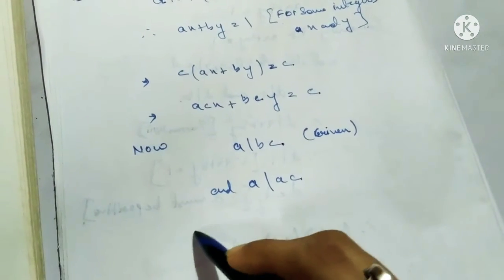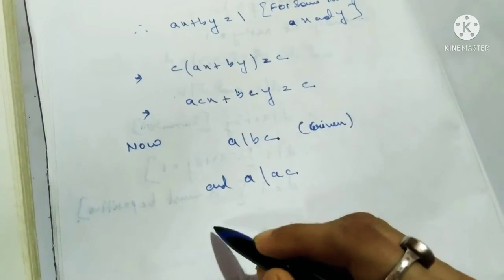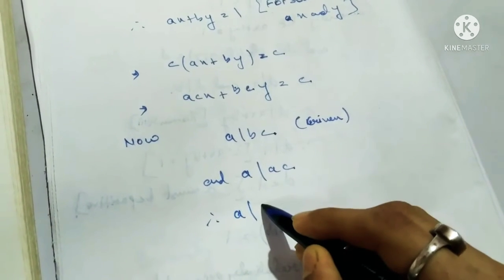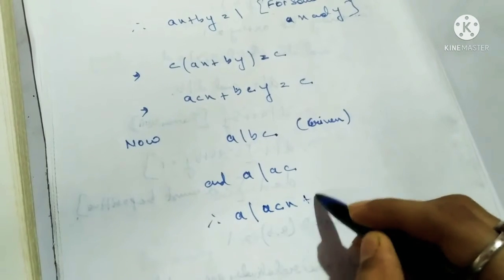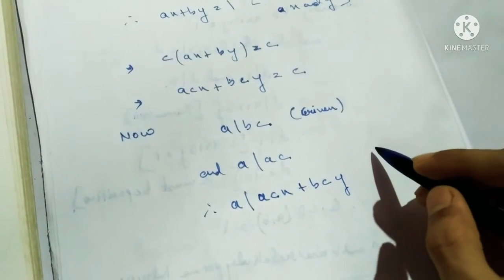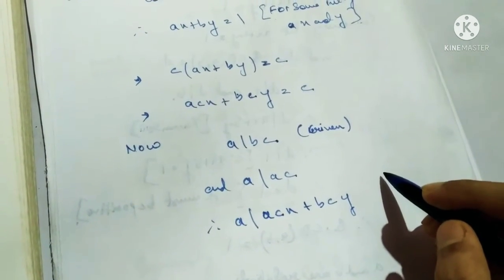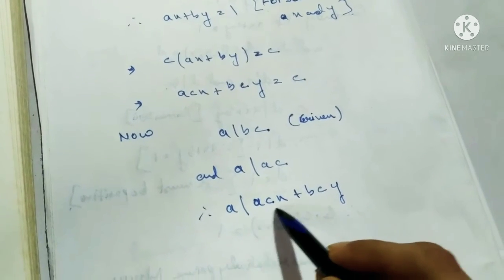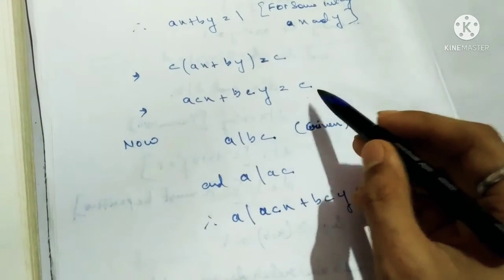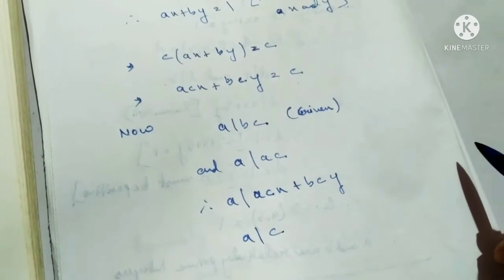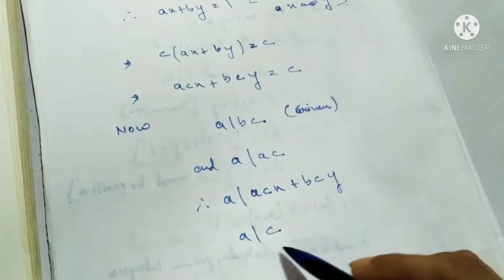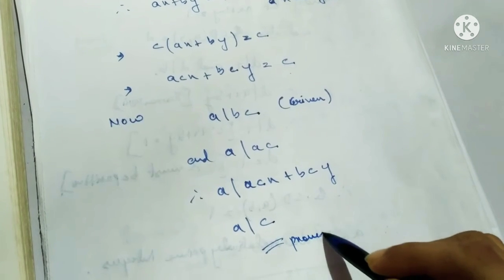So therefore I can say that A divides ACX plus BCY, and ACX plus BCY is equal to C. So A divides C, and this is proved.